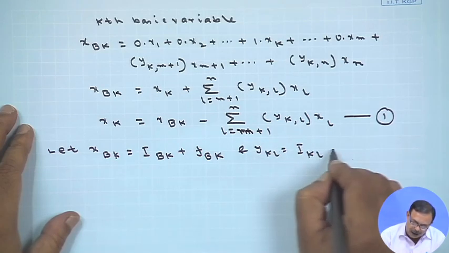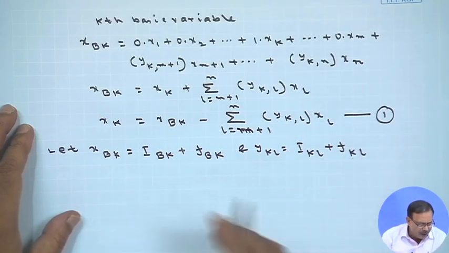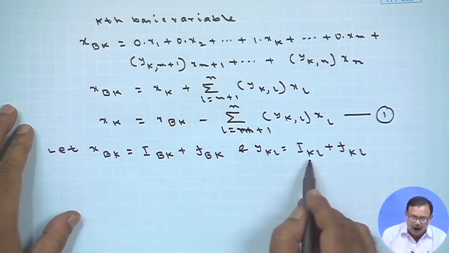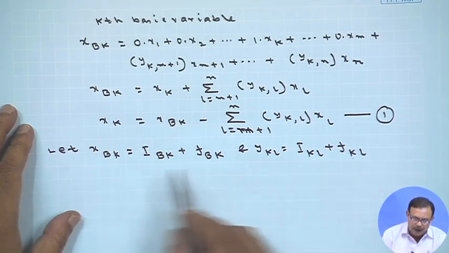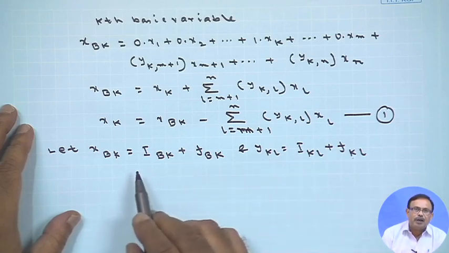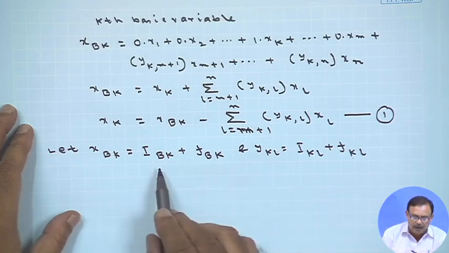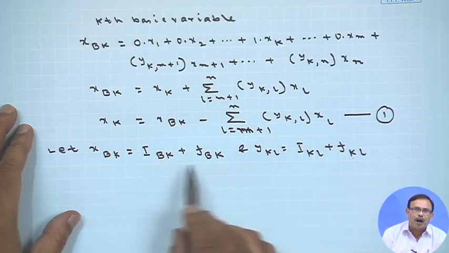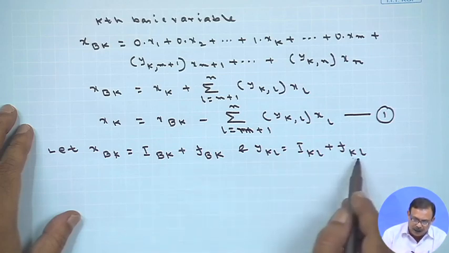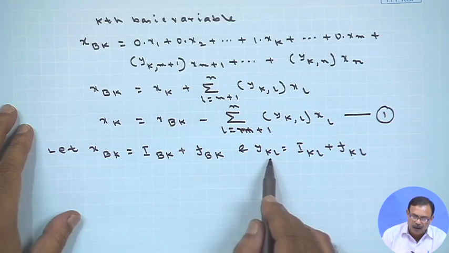And ykl equals ikl plus fkl, where iBk and ikl are the integer parts of xBk and ykl respectively. So, basically each of xBk and ykl you are writing in terms of the integer part plus the fractional part. So, fBk and fkl are the fractional parts of xBk and ykl.